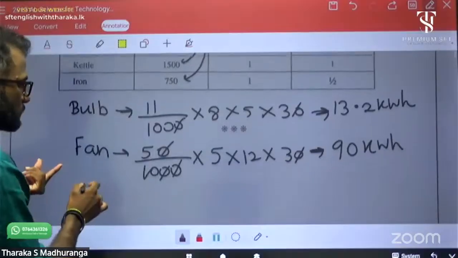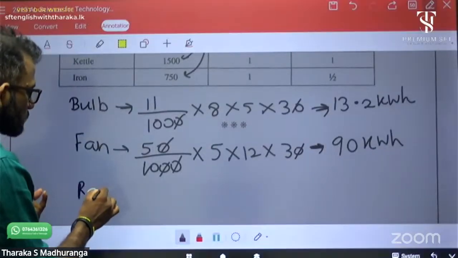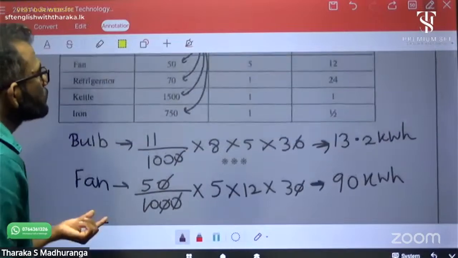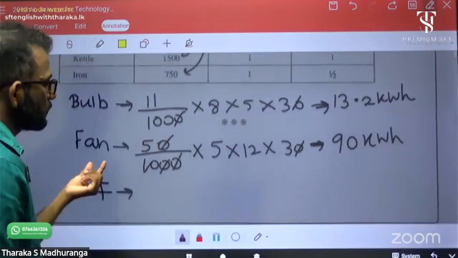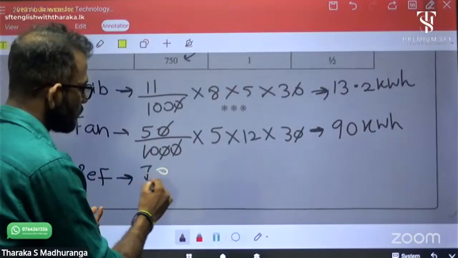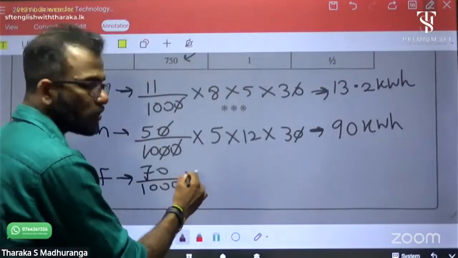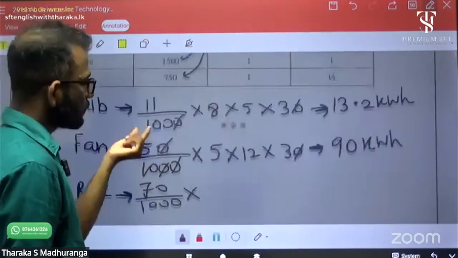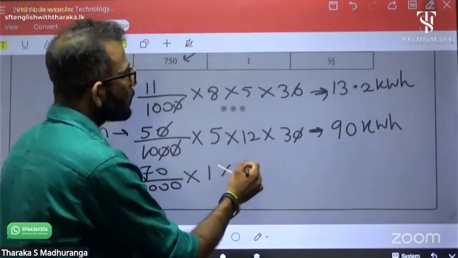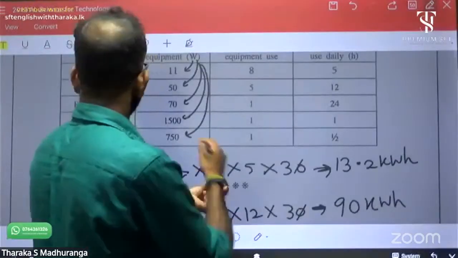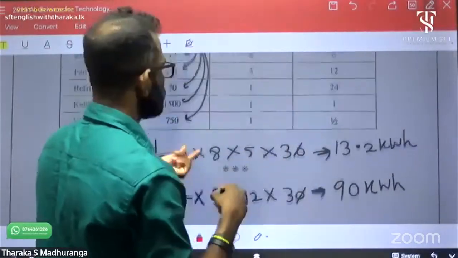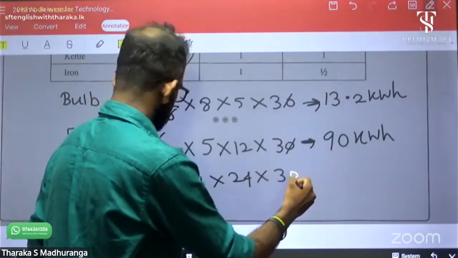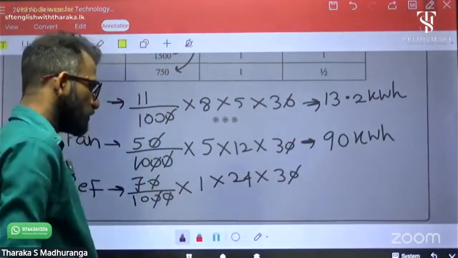Refrigerator. What is the power? 70. 70 over 1000 to convert into kilowatts. How many? 1. How many hours? The refrigerator runs the entire day, 24. 24 into 30 days, the zeros cancel out.